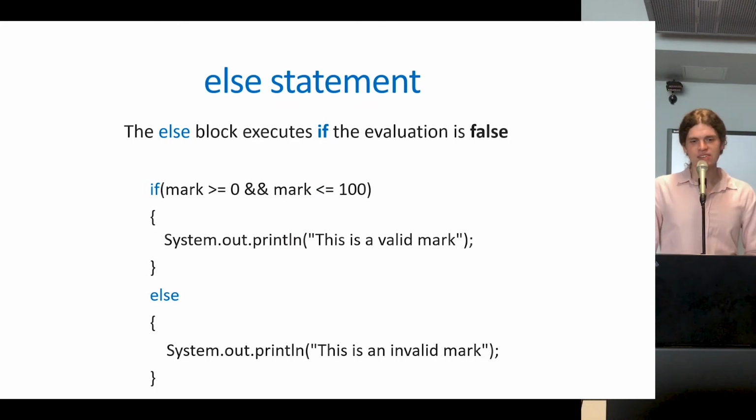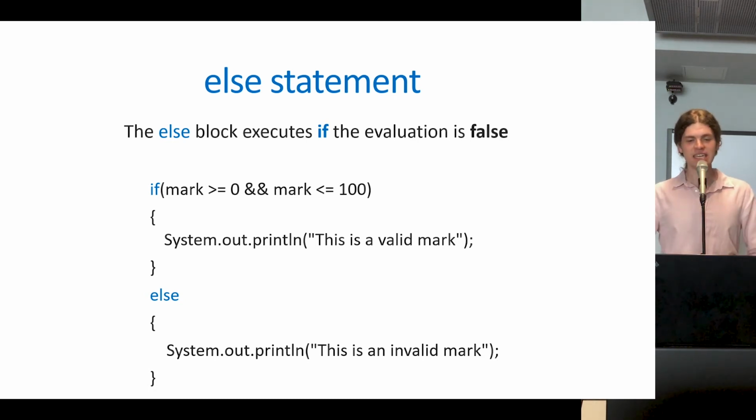So let's now move on and have a look at the counterparts to the if statement, which are the else block and the else if block. So else statement means that, well, if the initial comparison of the if statement was false, then execute something else.